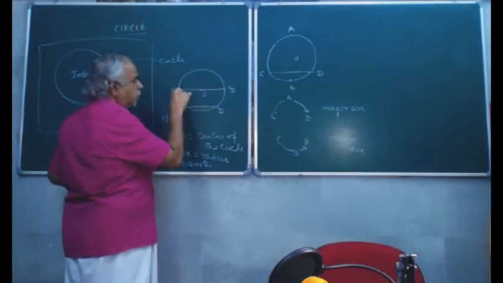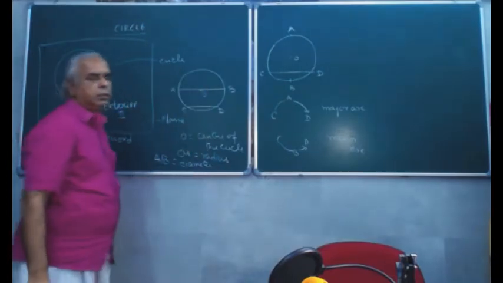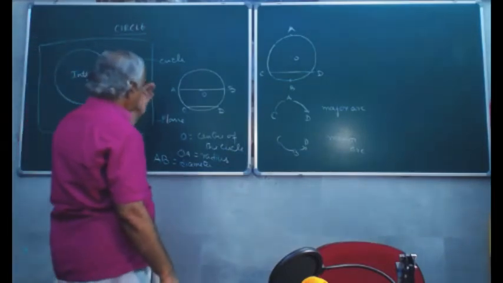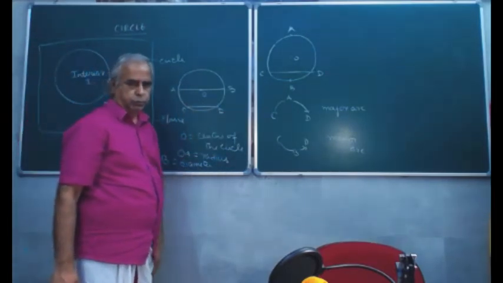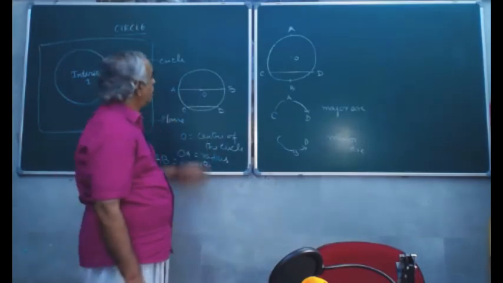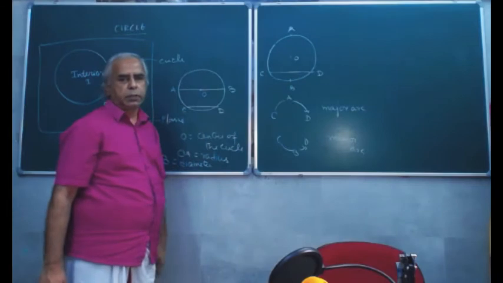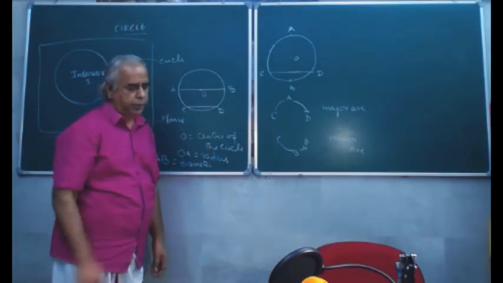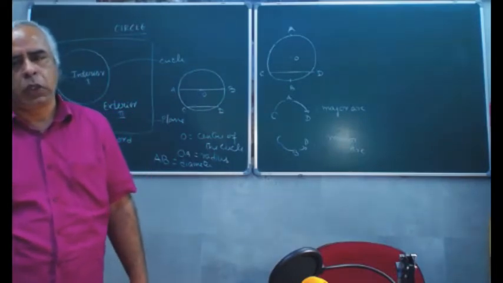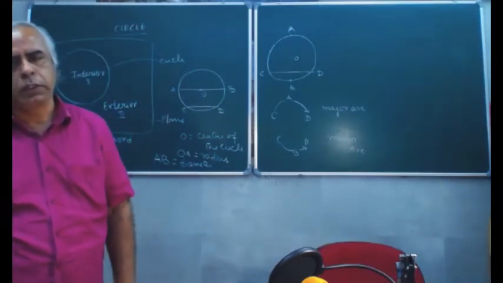It is a chord passing through the center of the circle. So diameter is also a chord, but it is the longest chord, the one that passes through the center of the circle.